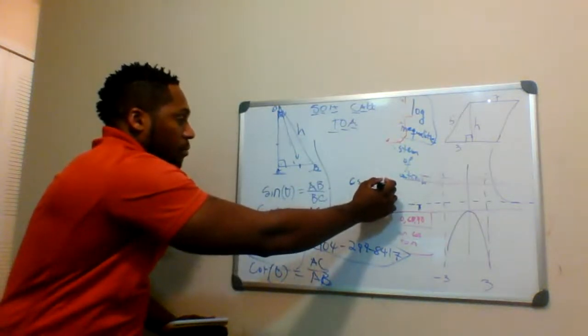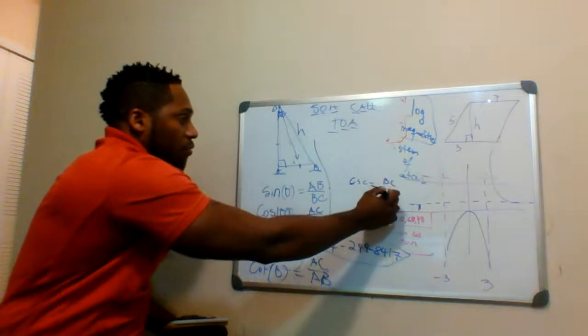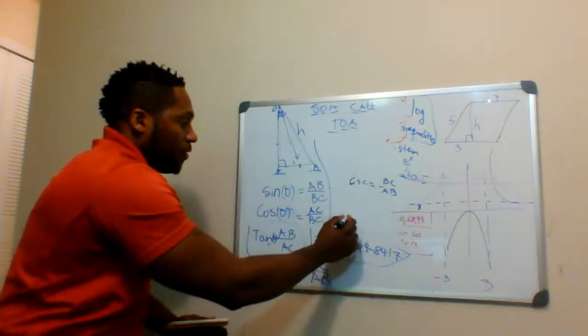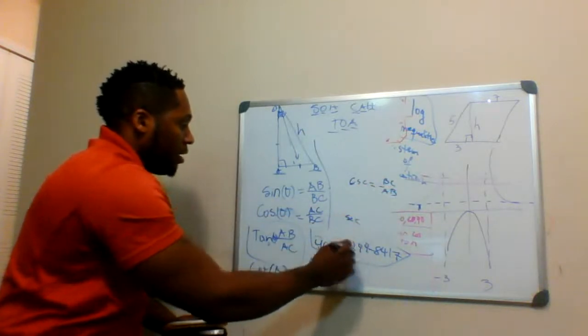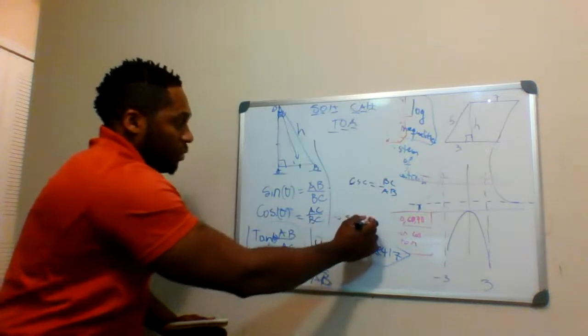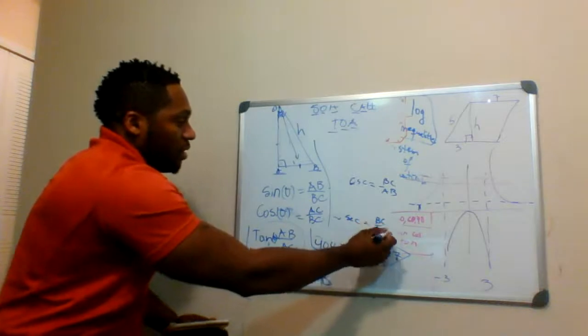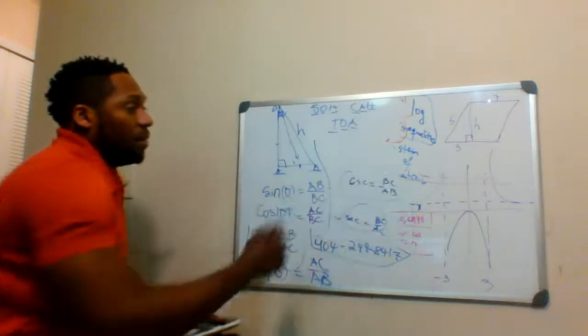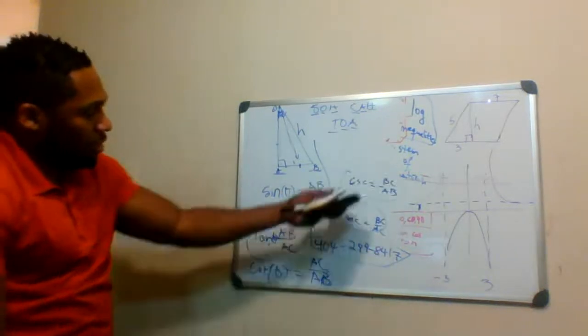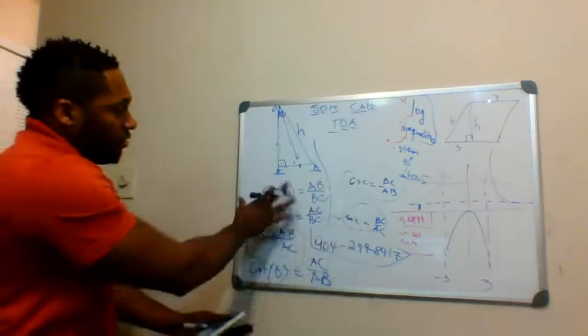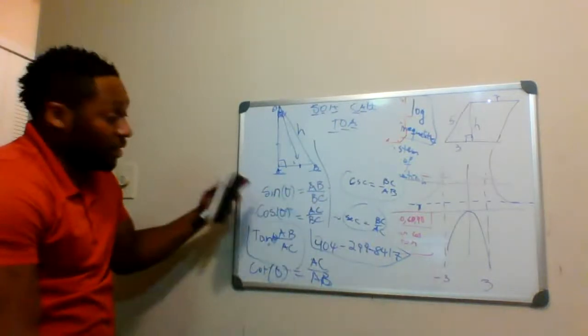So you'd have BC over AB. And then secant, which is the inverse of cosine, is going to be BC over AC. So let's just flip them. Cotangent, secant, cosecant, they just flip it on the other side of what you start with, which is knowing these three.